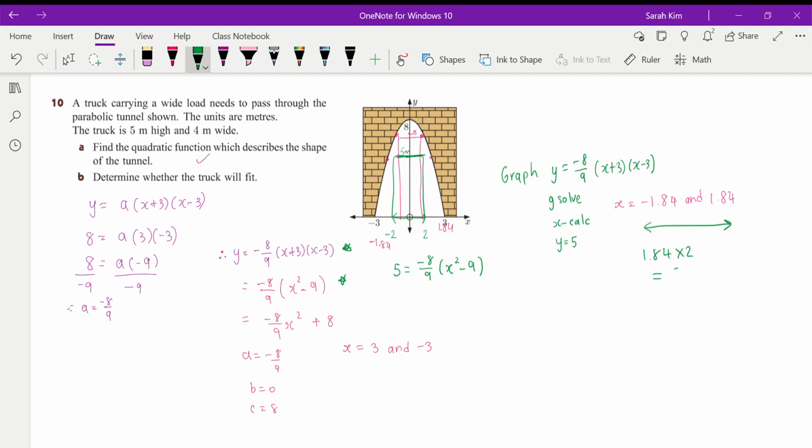So that's only 3.68, so it would just not fit. Therefore, the truck would not fit. Hope that makes sense. Let me show you how to do it manually as well.